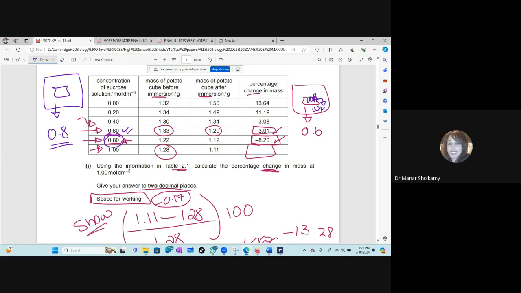What is it? Turgor pressure. No. We will also say that. You will simply say that the water potential of the sucrose solution was lower than at 0.6. It's more concentrated.